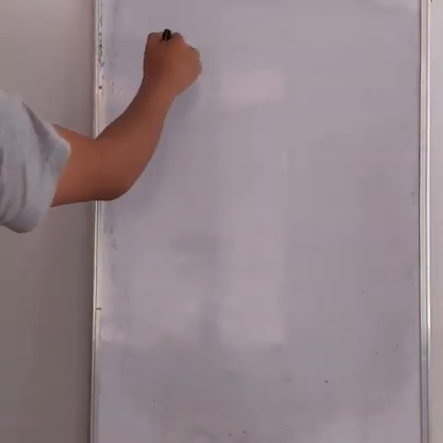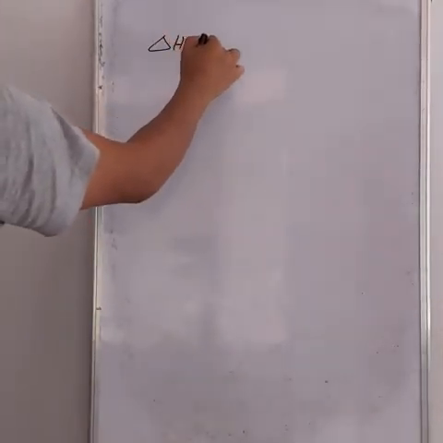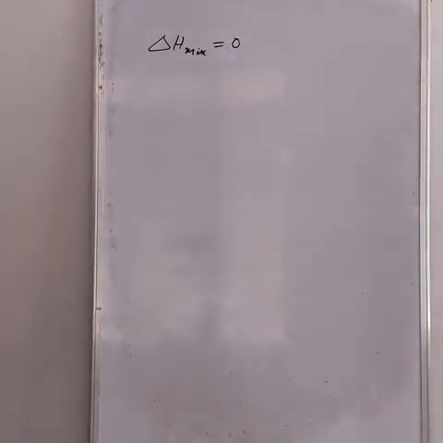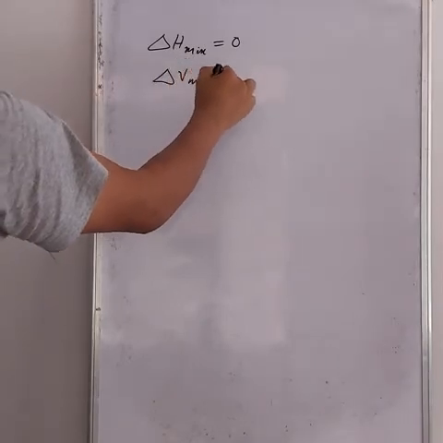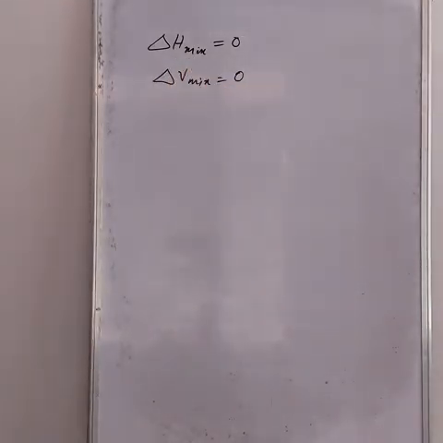Thermodynamically, we'll try to explain what's the difference between an ideal solution and a non-ideal solution. Now, for an ideal solution, the enthalpy of mixing is always equal to zero, and the change in volume of mixing is also equal to zero. That means there's no change in volume.